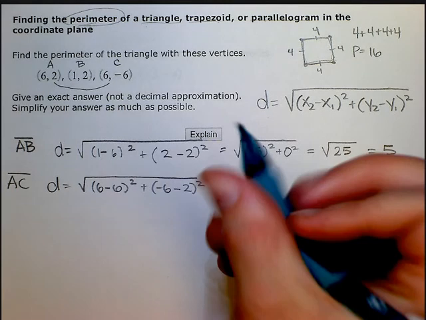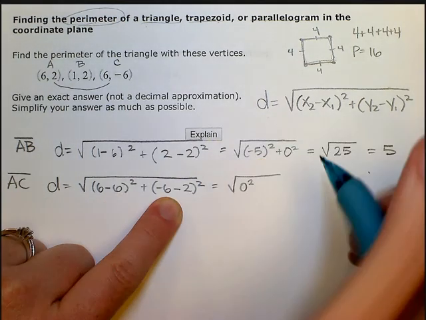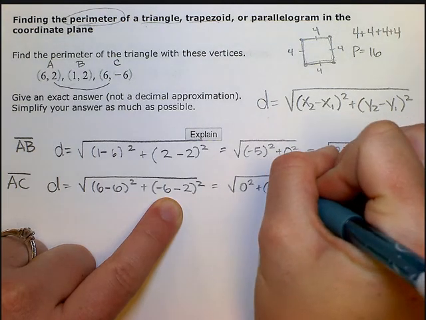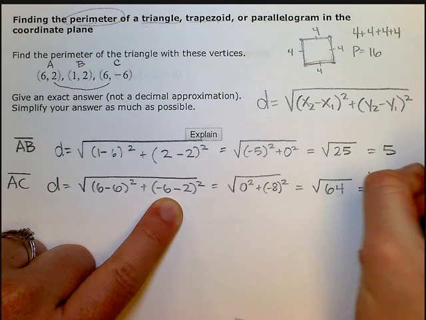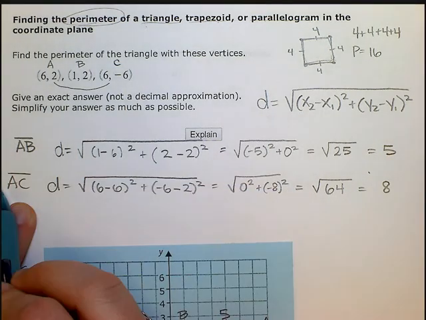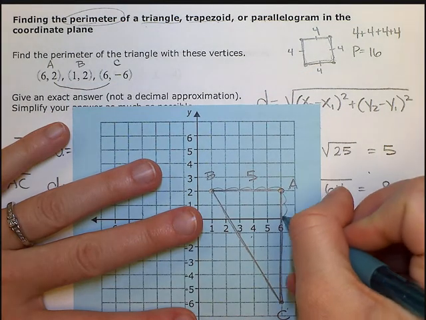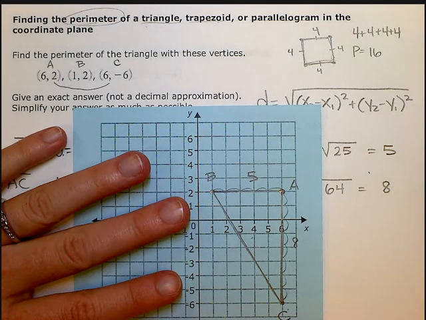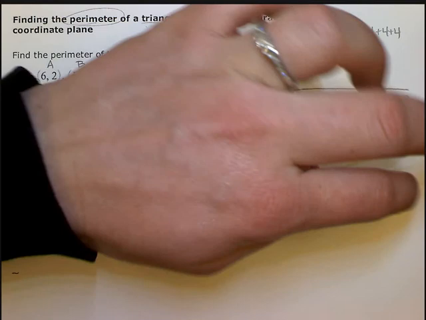Okay, and I'll just simplify here. So 6 minus 6 is 0 squared, and negative 6 minus 2 is negative 8 squared. So I have the square root of 64, which is 8. So I'm claiming that the distance between point A and C is 8. Let's verify. 1, 2, 3, 4, 5, 6, 7, 8. Indeed. Okay? So if you don't have graph paper, that's fine. You can just do this and trust these answers every time.